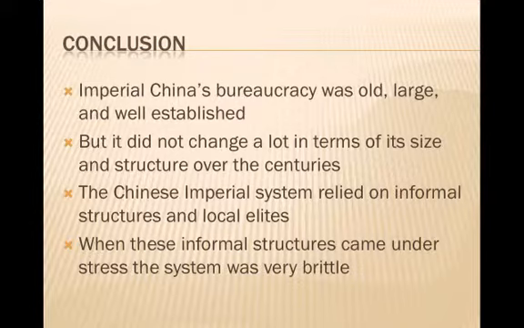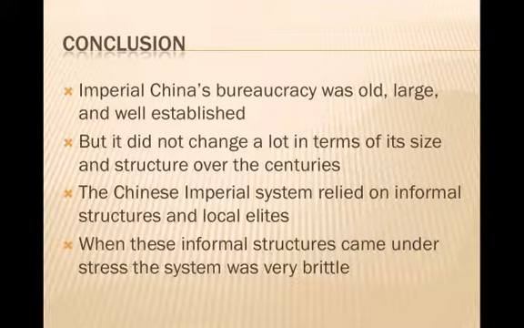When these informal structures, and indeed when village cohesion, come under stress and start to crumble in the late 19th and early 20th century, the Chinese imperial system did not have very many good responses to domestic unrest by peasants in things like the Taiping Rebellion or the Boxer Rebellion, and they didn't really have good ways to respond to imperial encroachment by first the British and the French, and then later the Americans and the Japanese.